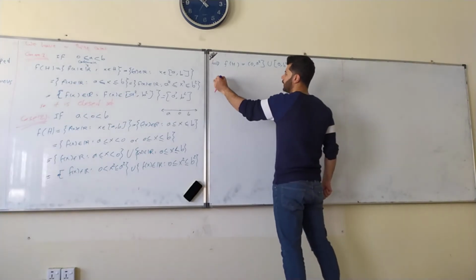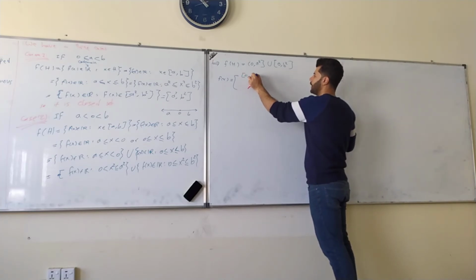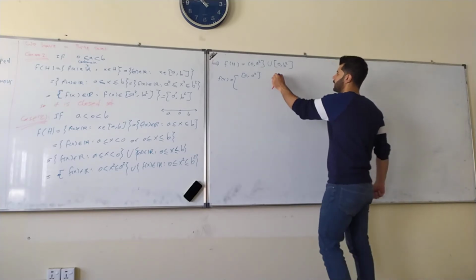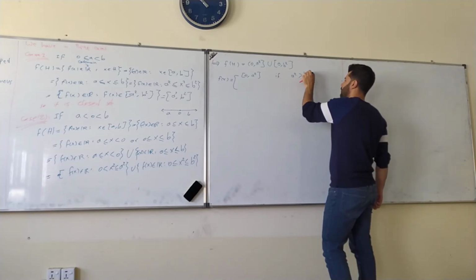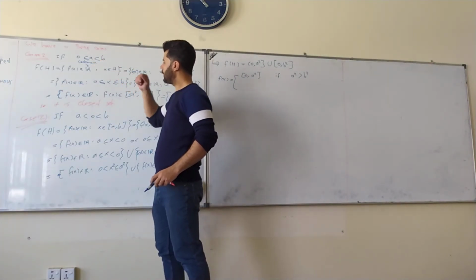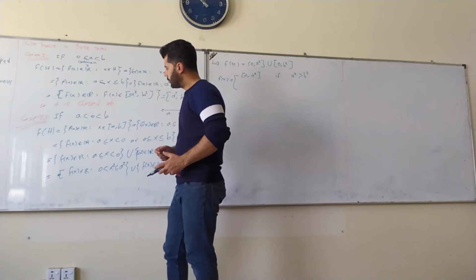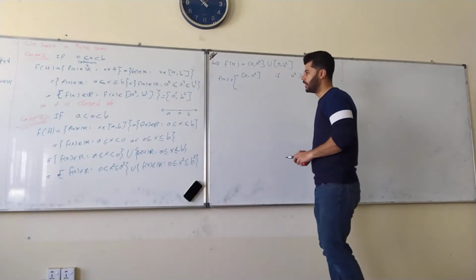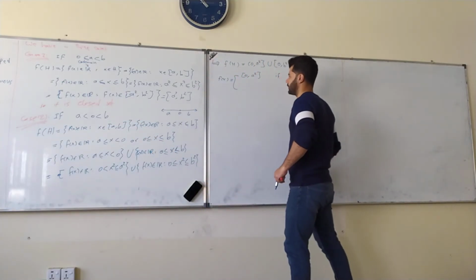So f of H equals two parts: 0 to A squared, if we have A squared greater than B squared. Since we say that A is less than or equal to B, but you know that A is less than or equal to 0, so maybe A squared is less than B squared, and also maybe B squared is greater than A squared.